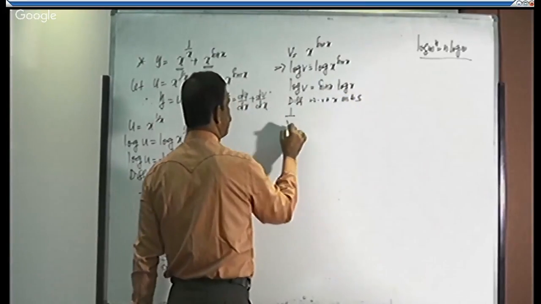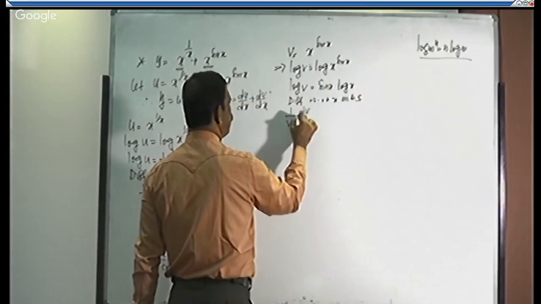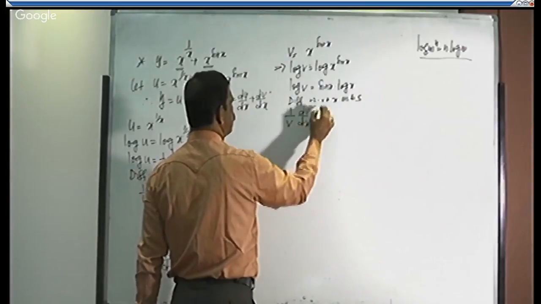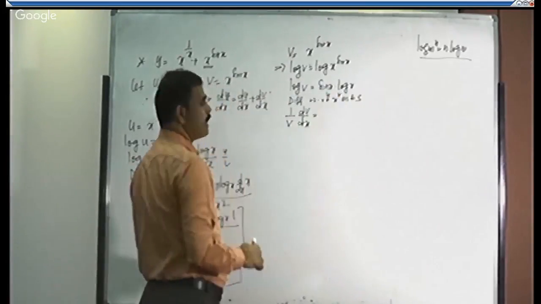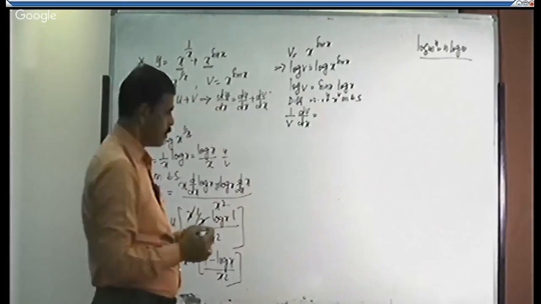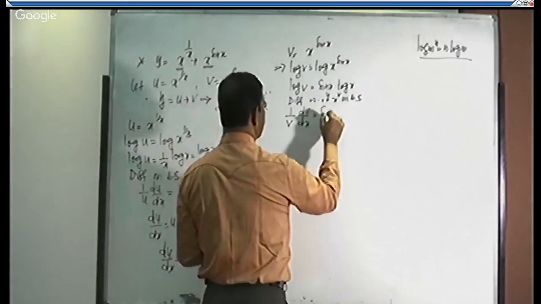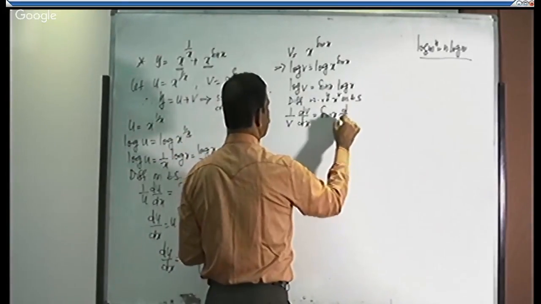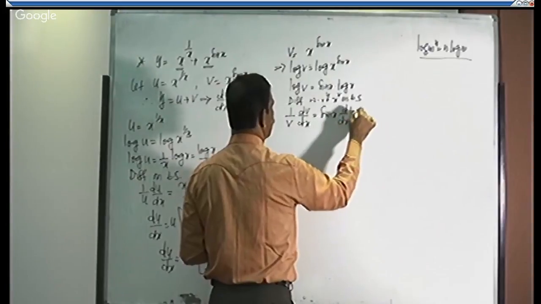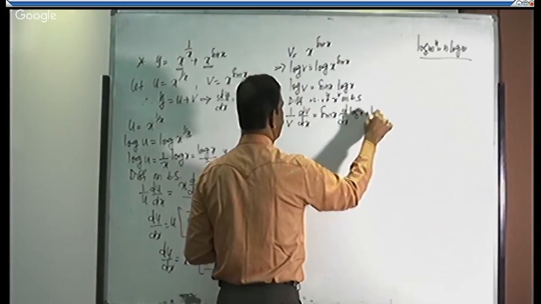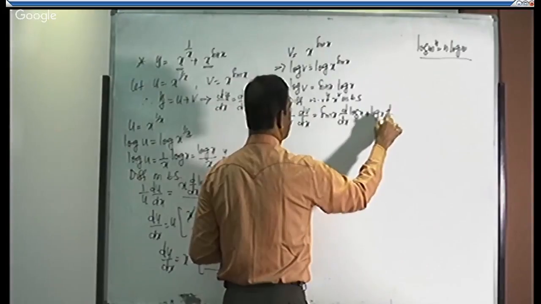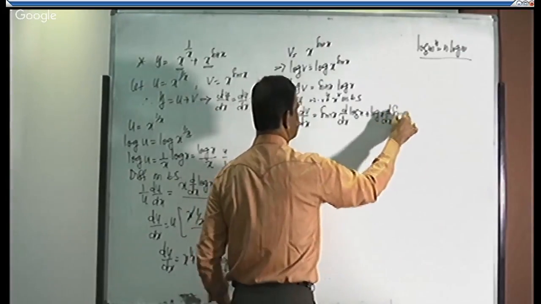It is 1 by v into dv by dx is equal to sin x into log x, product rule: sin x into d by dx of log x plus log x into d by dx of sin x.